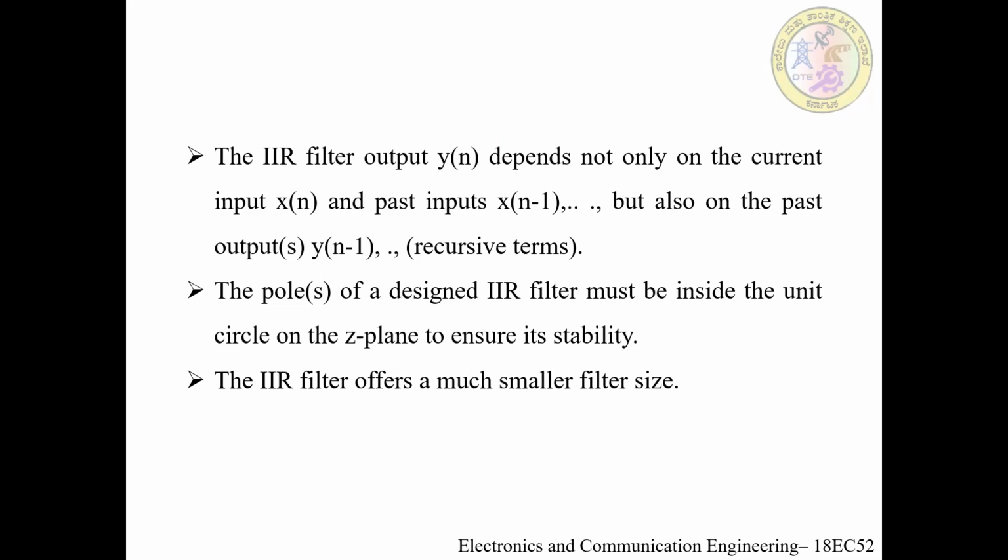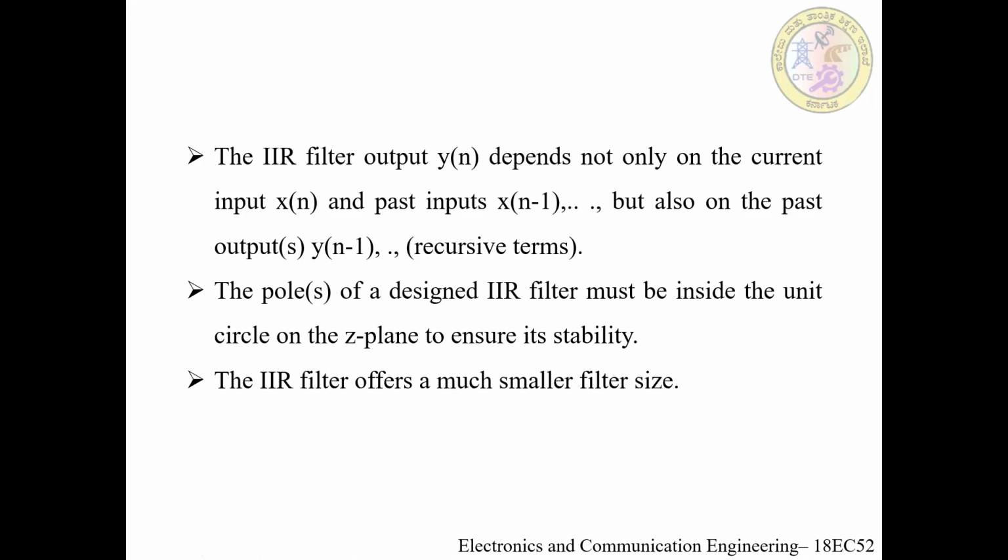The third point is, if we compare this IIR filter with an FIR filter, our IIR filter offers a much smaller filter size. So the filter operation requires a fewer number of computations, but the linear phase is not easily obtained. The IIR filter is therefore preferred when a small filter size is called for, but the application does not require a linear phase.